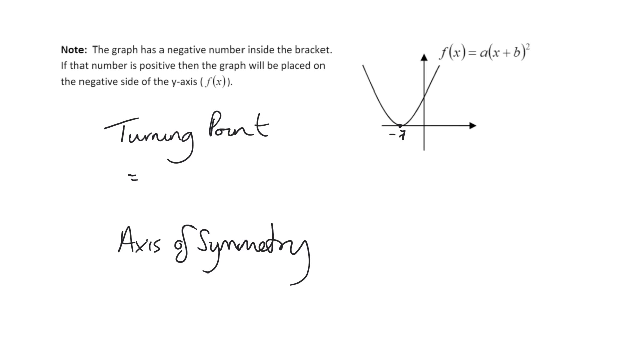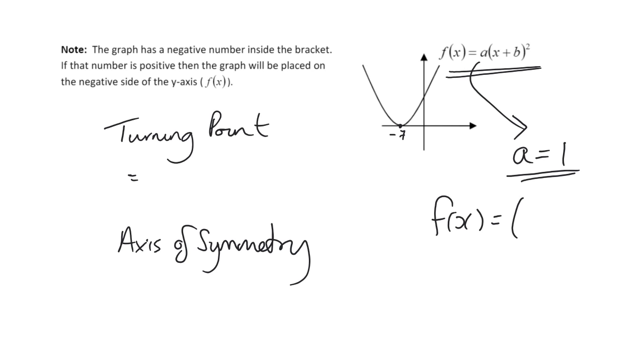So we've got f of x equals a(x plus b) squared. So we need to find the values for a and b. To keep things simple at the minute, we're just going to have a equal to 1. So we're only going to be dealing with f of x equals x squared. What I want you to find out is this bit in green.